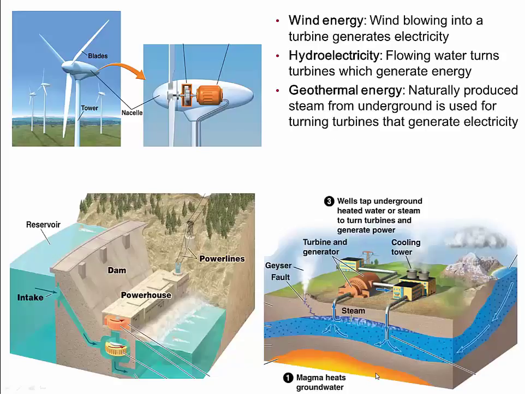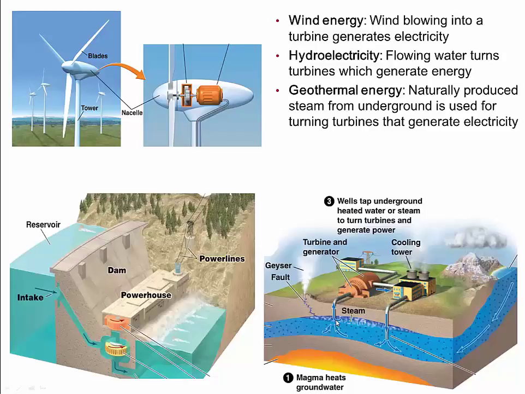Geothermal energy uses naturally produced heat and steam from under the ground. In some areas where the magma is close to an underground water source, the magma heats the groundwater, and when the groundwater is heated to a high temperature, it produces steam.